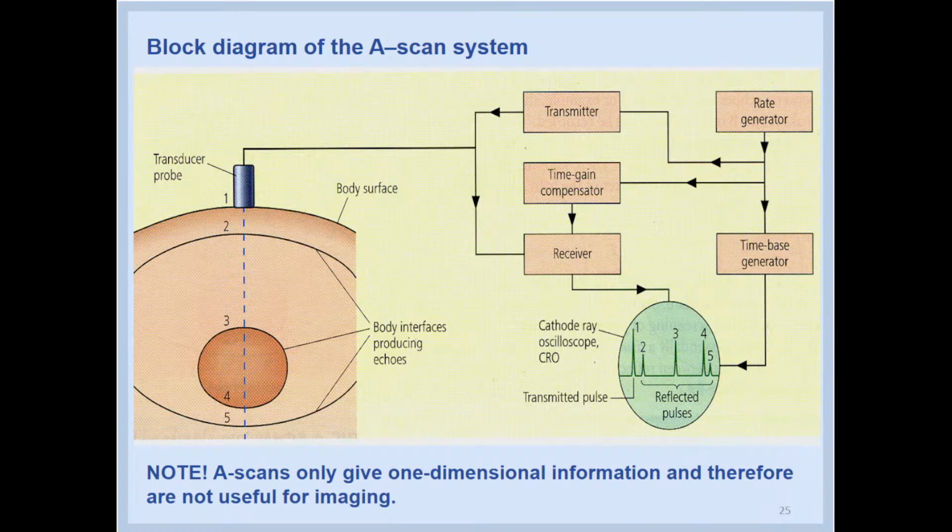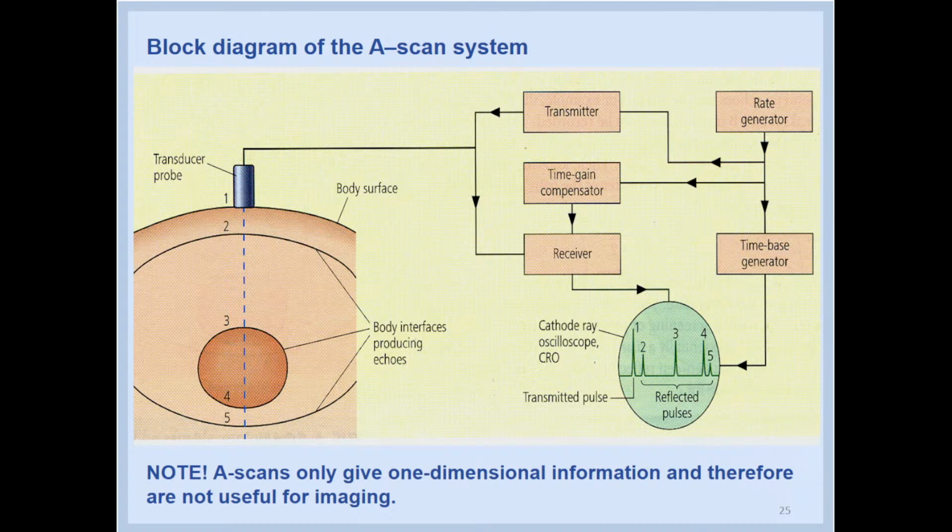To ensure that they are not lost, they are amplified more than those originating close to the probe, using the time gain compensator. This increases the gain of the receiver with time at an appropriate rate. This technique is known as time gain compensation.